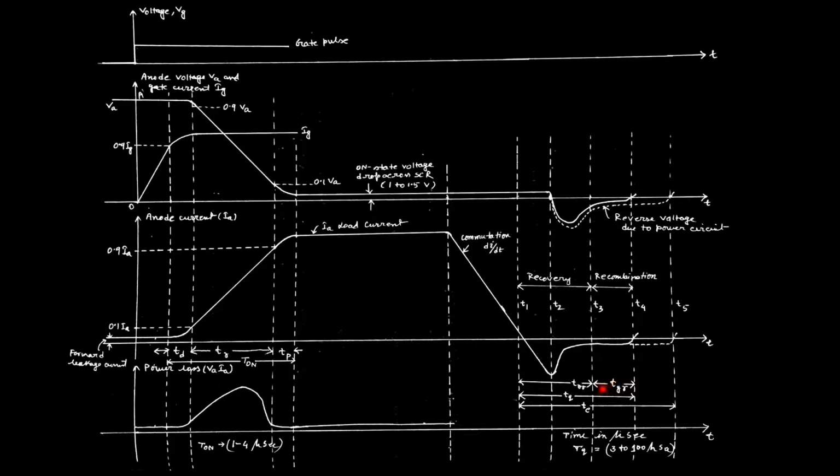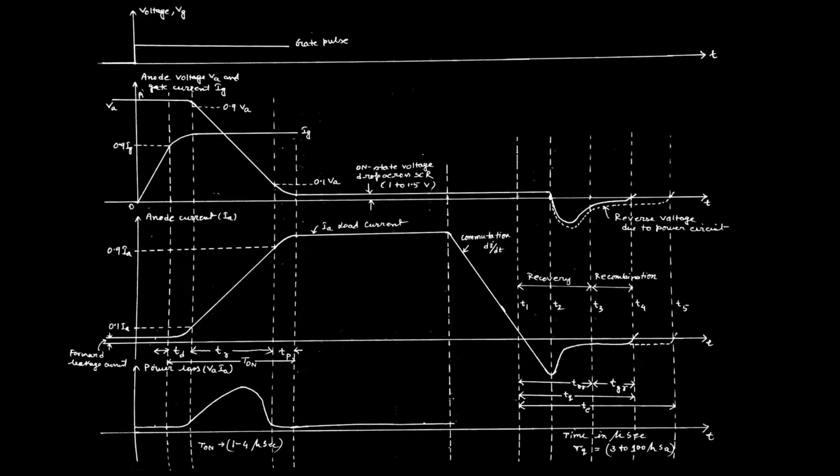The time required for this is called the gate recovery time, and we can also say it is a recombination time, as the charges recombine with each other to form neutral ions, or immobile charges. So the total time, TRR plus TGR, is called the turn off time, which is defined by TQ. Okay, fine.